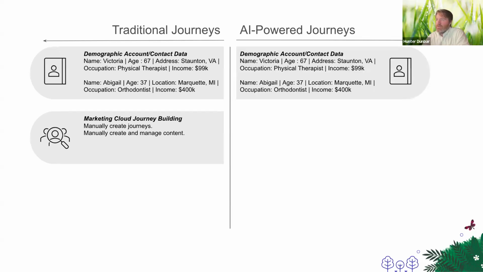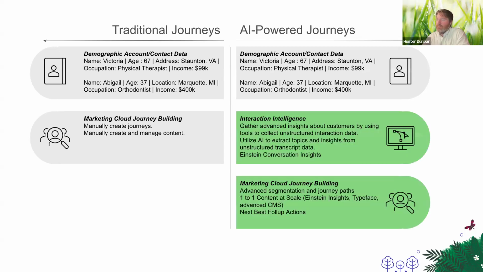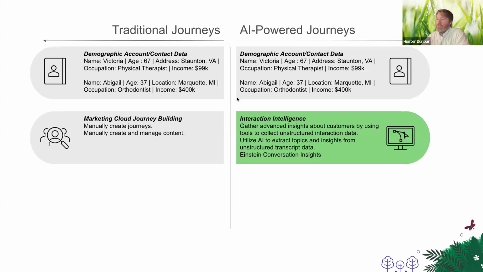With AI-powered journeys, same thing. We've got that demographic account data. But we're going to introduce additional data to our workflow, and that's this interaction intelligence. I'm going to talk a lot more about this, so it'll become clear in a minute, but we're going to be able to use AI to extract topics and insights from unstructured data.